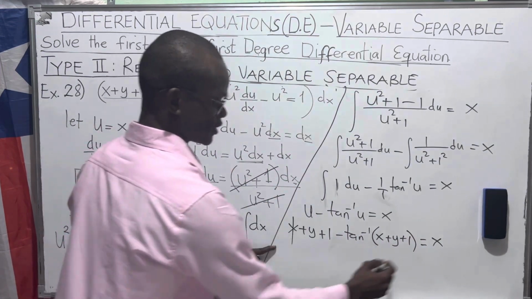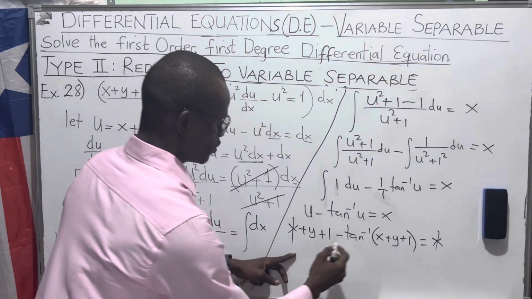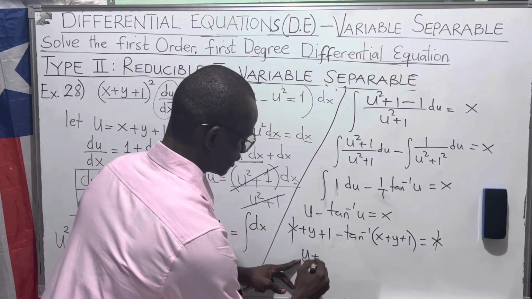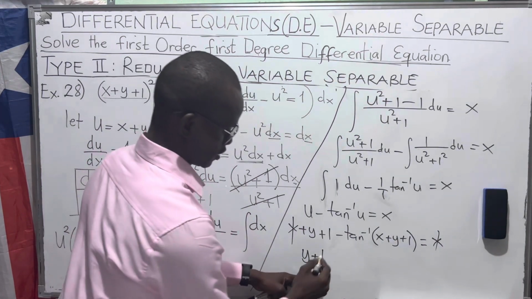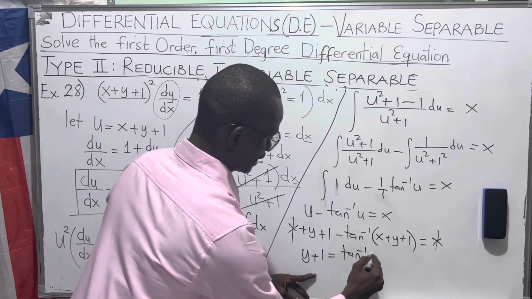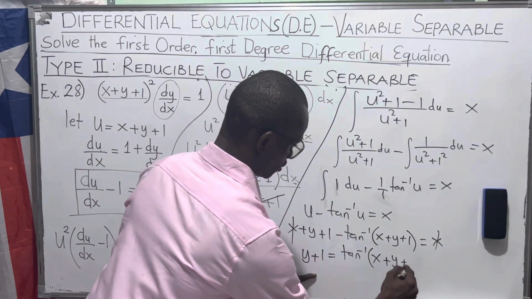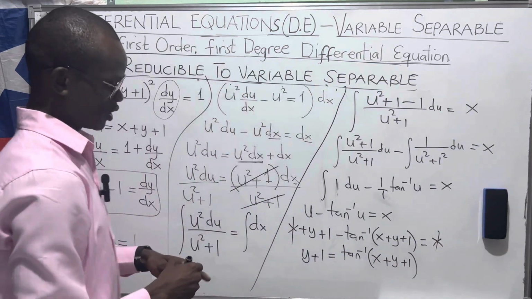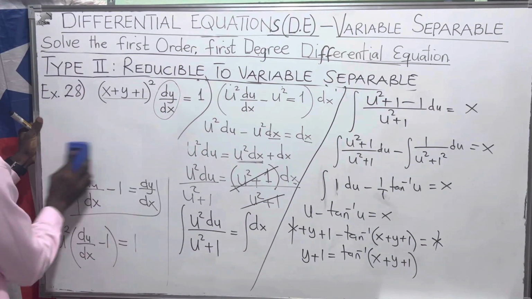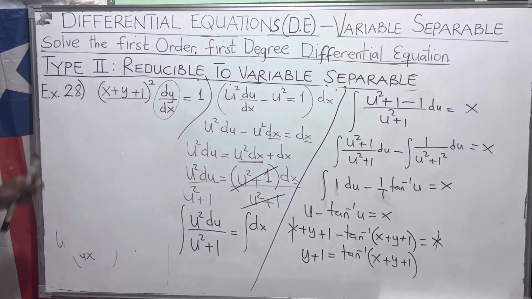So this x can cancel this x, and we can just have y plus 1, with the tangent inverse going to the other side of the equation. In order to get rid of the tangent inverse, we take tangent on both sides.